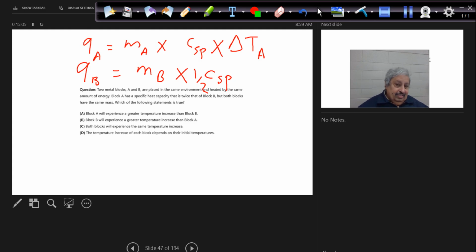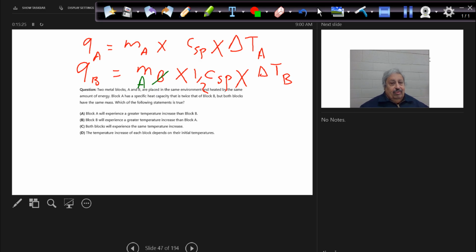The specific heat of B is half, correct? Multiplied by delta T of B, just to visualize. So mass of A, I'll turn this one here into A. Those masses are equal.